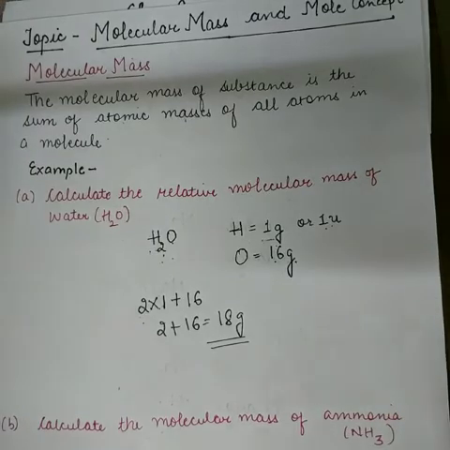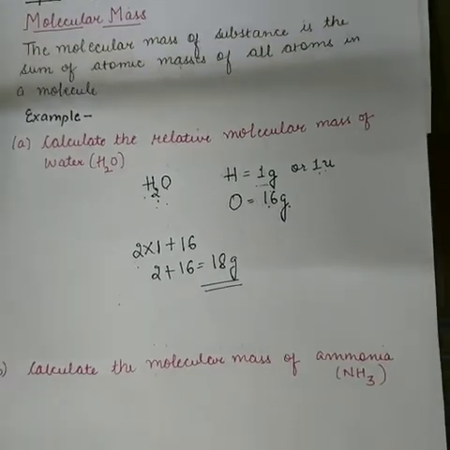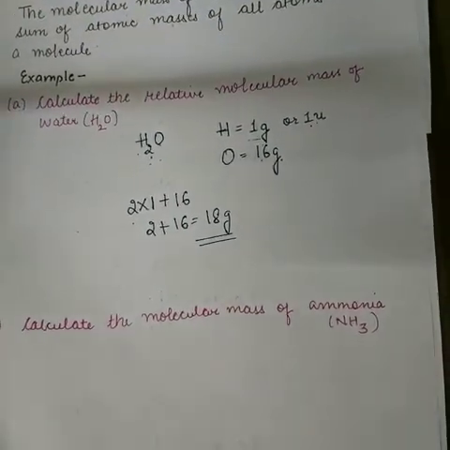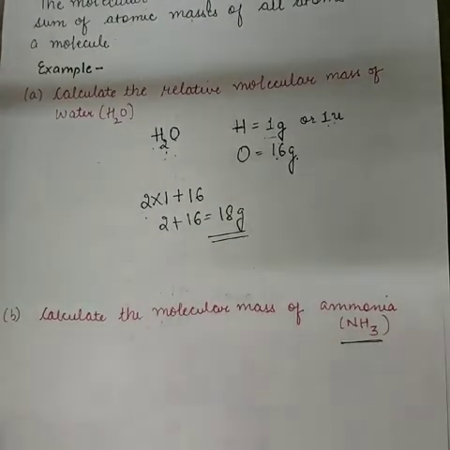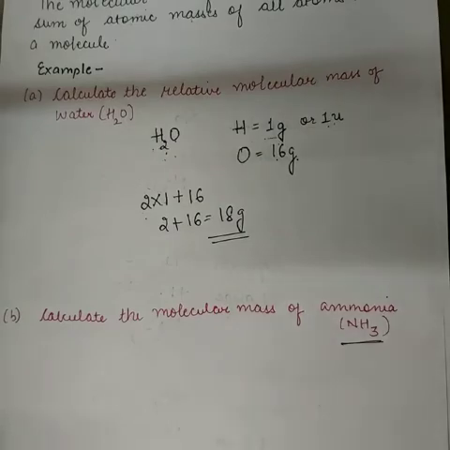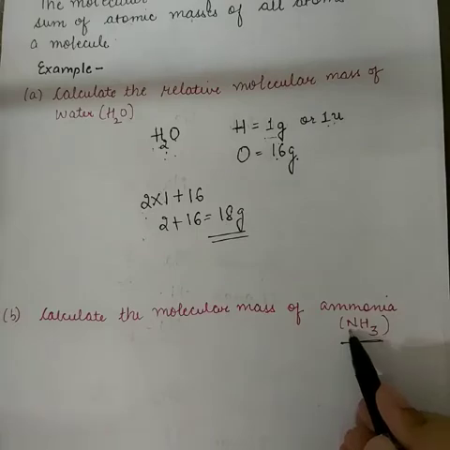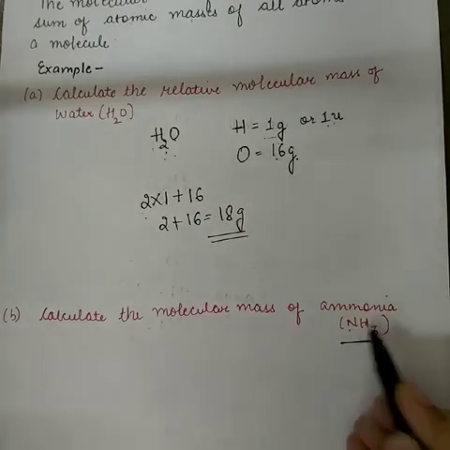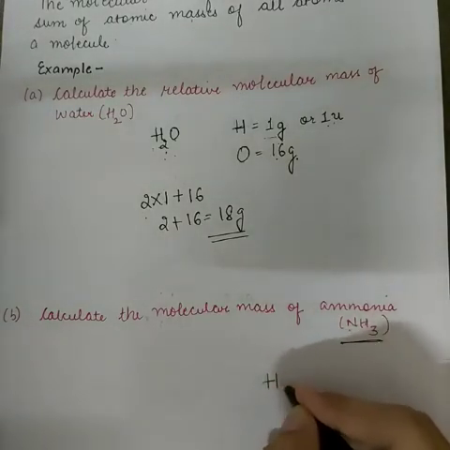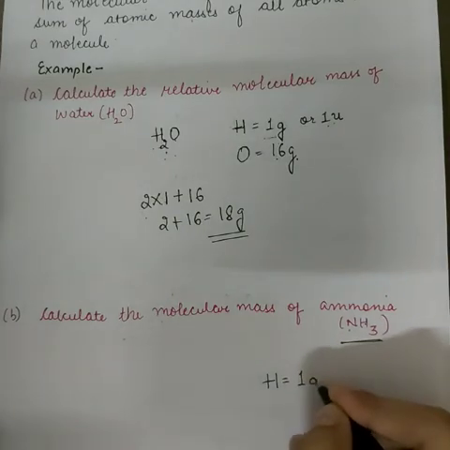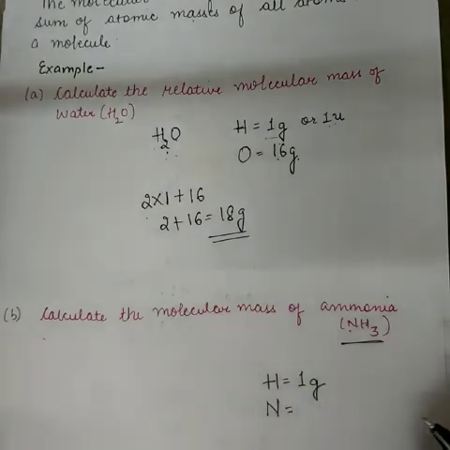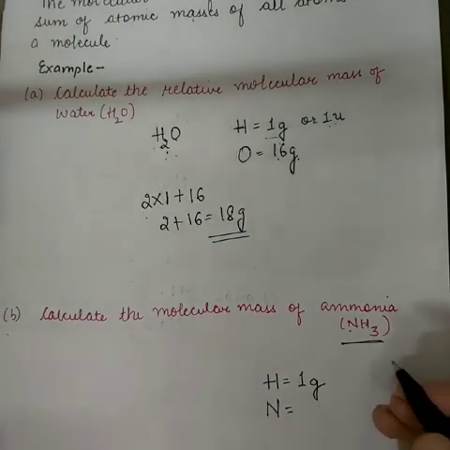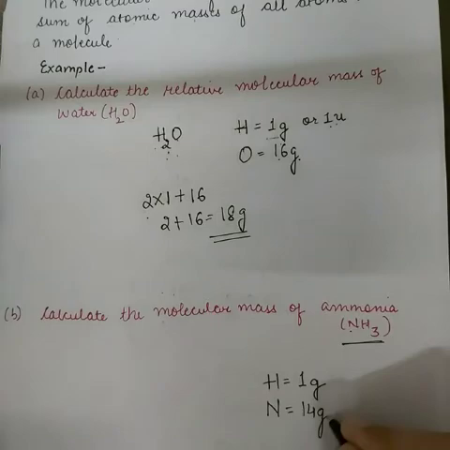Right students, let us see another example: calculate the molecular mass of ammonia. The formula of ammonia is NH3. To calculate the molecular mass of ammonia, you should know the atomic mass of nitrogen and the atomic mass of hydrogen. The atomic mass of hydrogen is 1 gram. And what is the atomic mass of nitrogen, students? That is 14 gram, right?